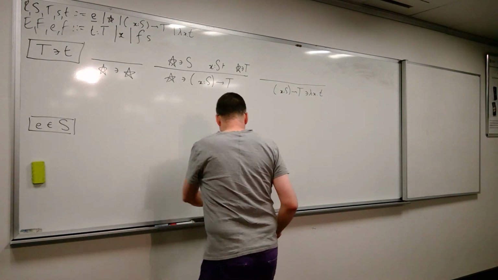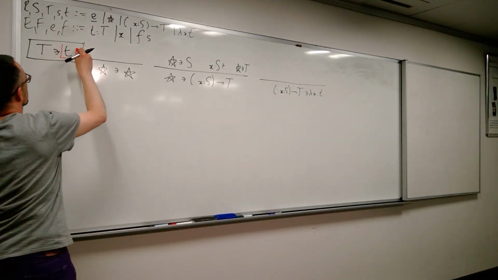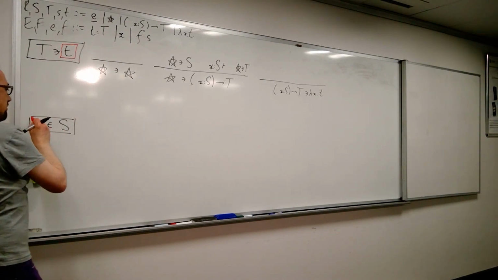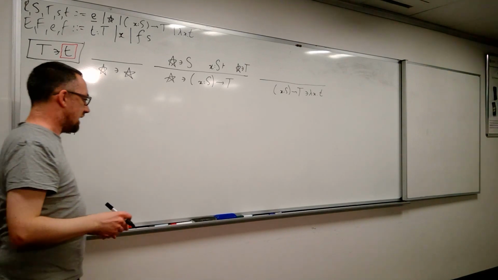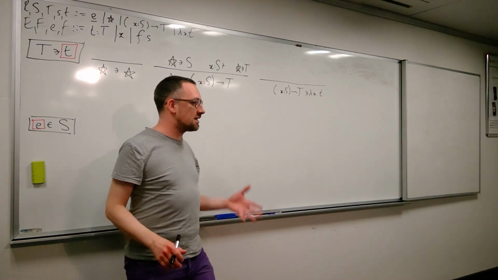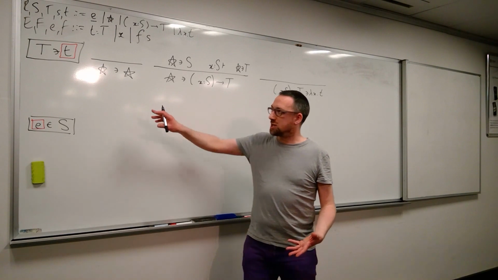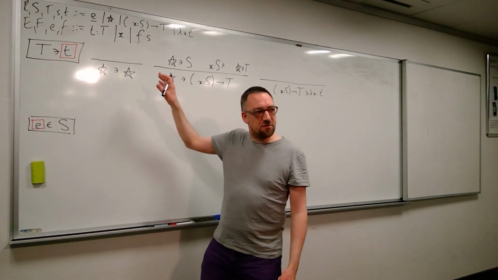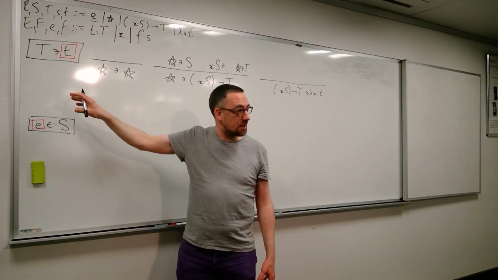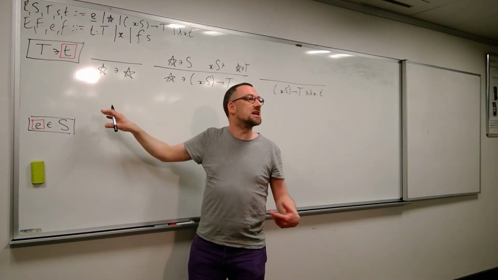Let me in fact write a red box. Here's the red box. That judgment in the red box is the subject of the judgment. The thing that we don't yet trust that we're checking out. In these judgment forms, everything to the left of the red box we think of as an input, which should already be okay. Everything to the right of the red box we think of as an output that we better make sure is okay.